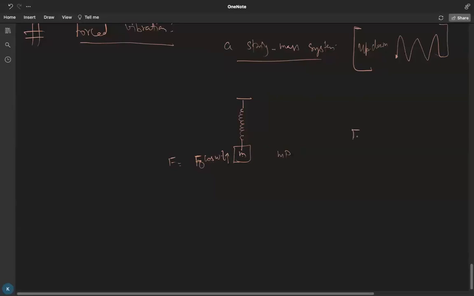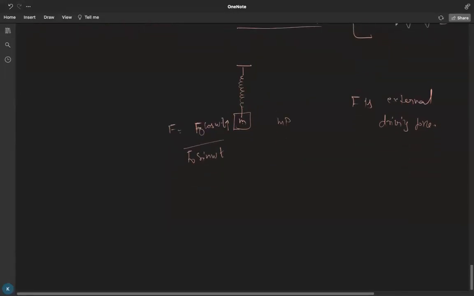This F is the external driving force, which is continuously acting on the system, right? Or you can say F naught sine omega t, whichever you are comfortable with, cos or sine. Now a few things are happening. Let me write here: system in steady state. I'm not talking about the transient state or initial state, just the steady state.